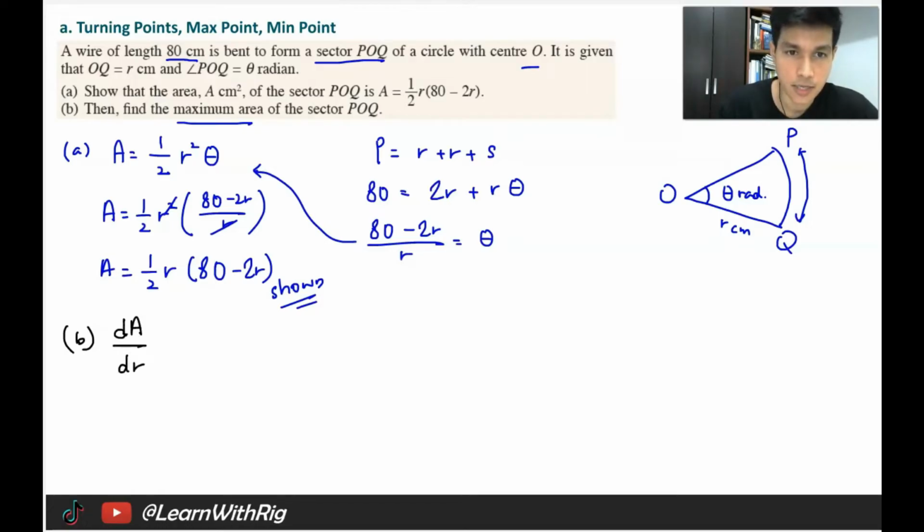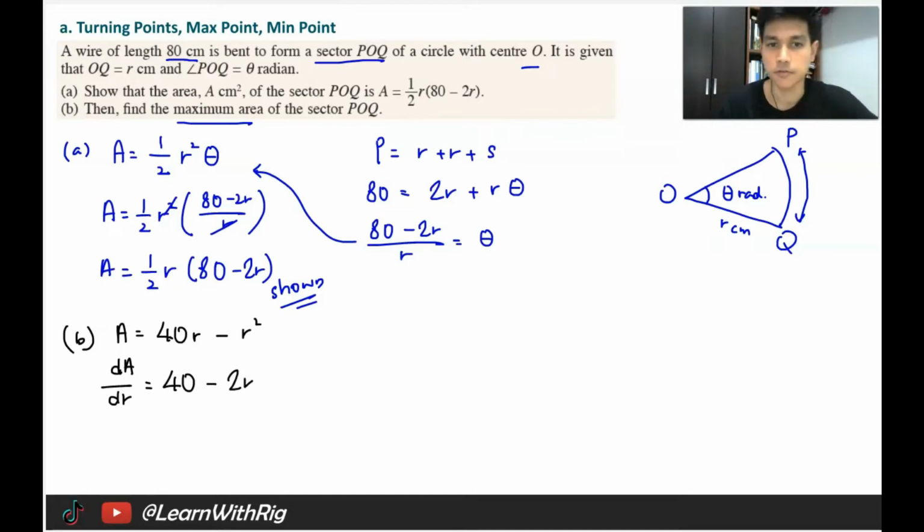Because you're differentiating the area in terms of r, with respect to r. So before that, let us expand this so it becomes much easier to solve. So A equals to 1 over 2, 1 over 2 times 80 is what? 40r minus 1 over 2 times 2 is r square. So dA dr is equals to 40 minus 2r.